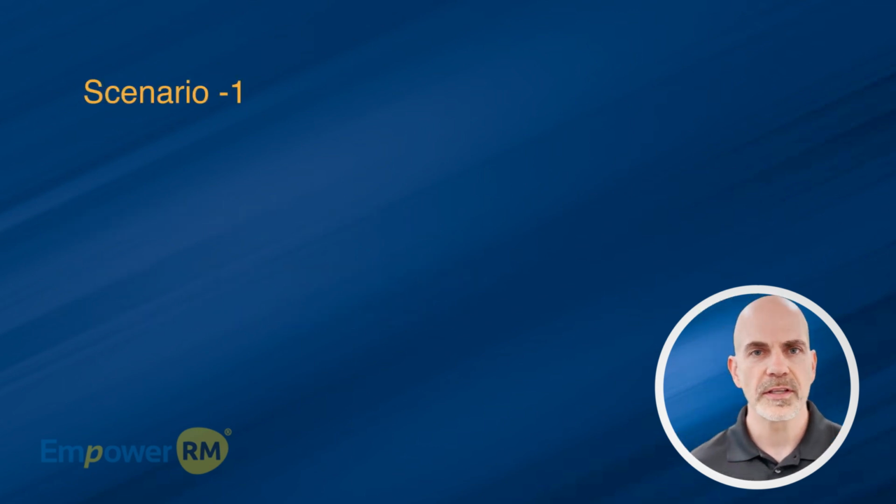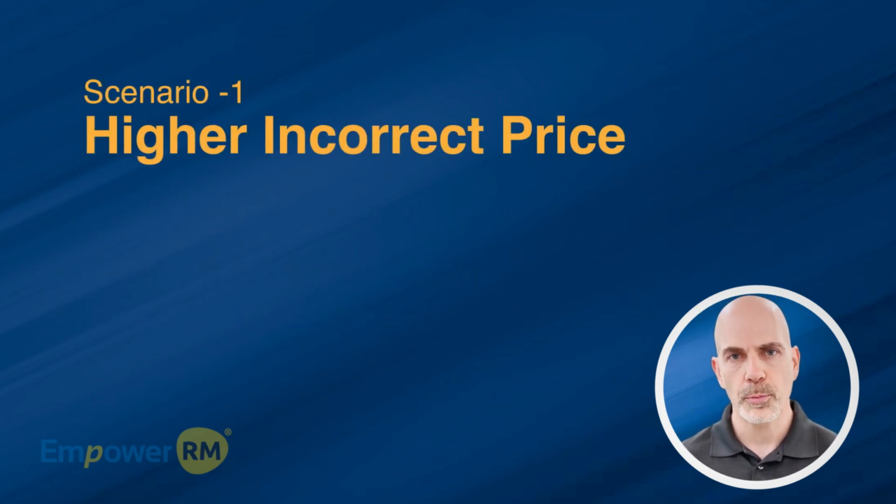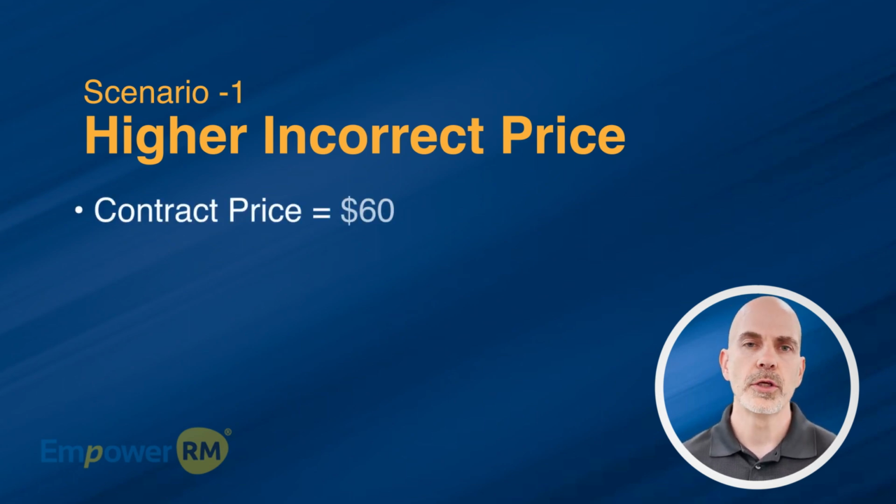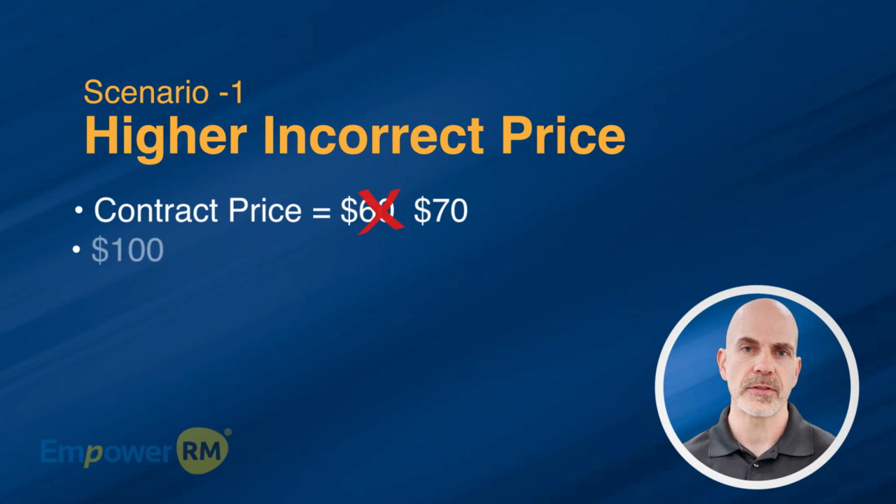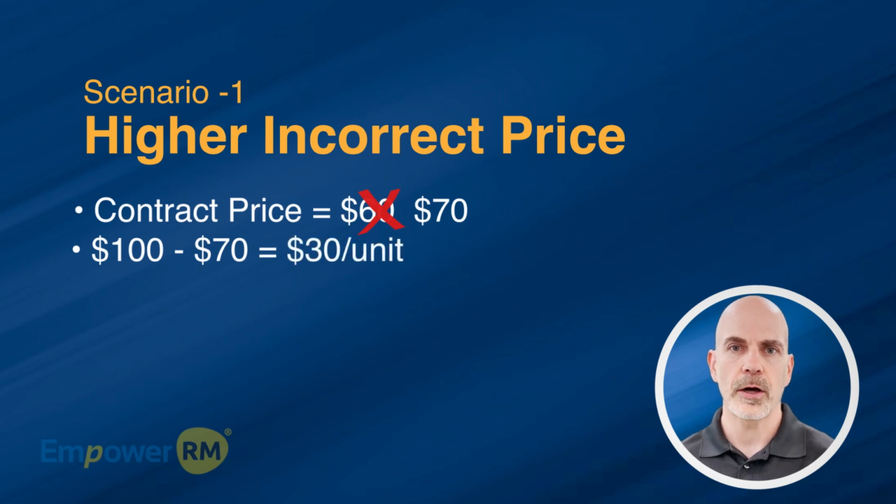So if you look at the scenario of you sending a higher price, let's say that instead of $60 for the contract price, you sent $70. So putting that into our formula, we'll take our same $100 WAC price, we'll subtract the incorrect contract price of $70 to get a $30 per unit chargeback amount.